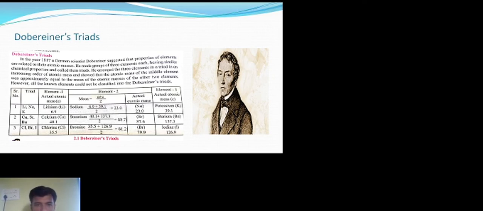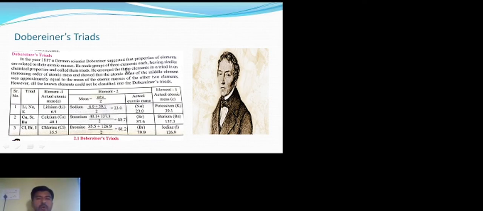Students, remember, Dobereiner believed that the properties of elements are related to their atomic masses. So he classified the elements on the basis of their atomic masses.